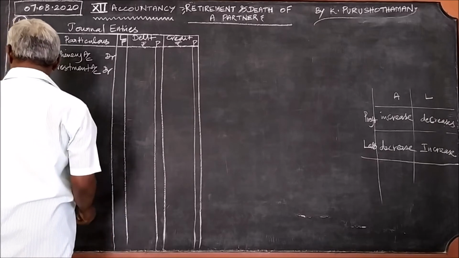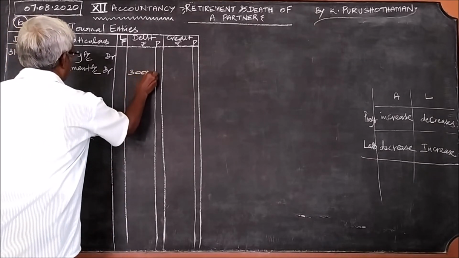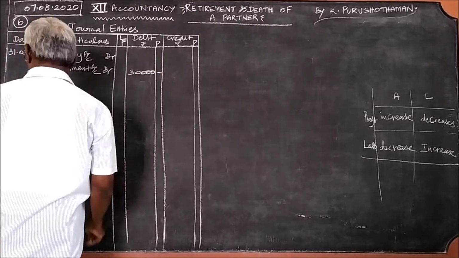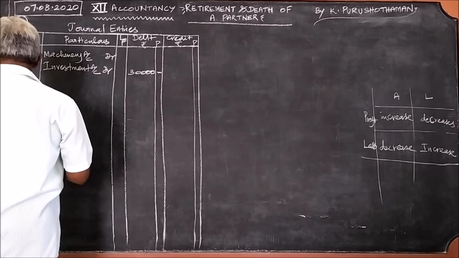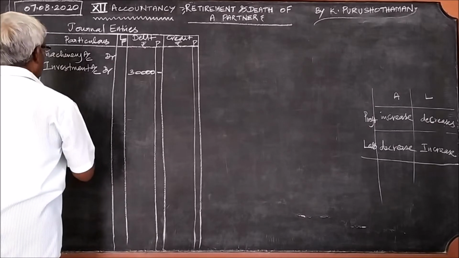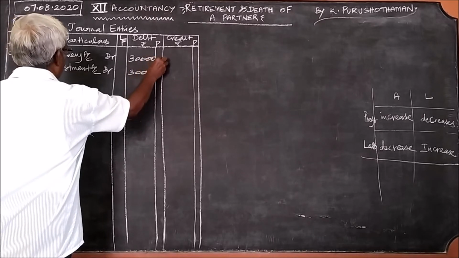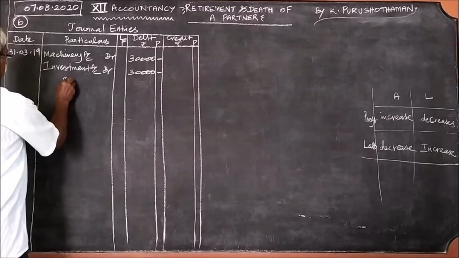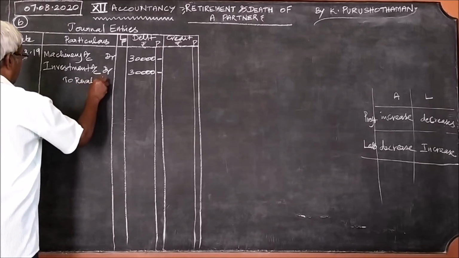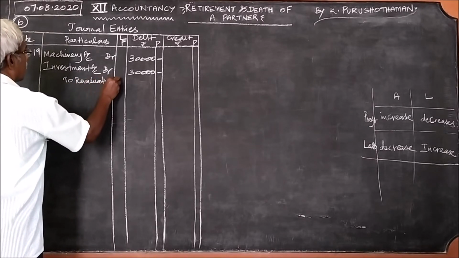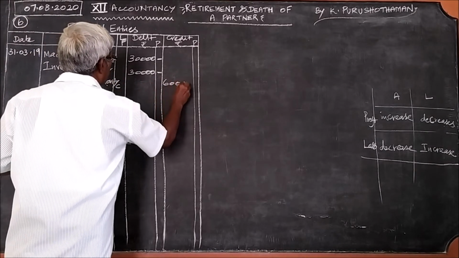This investment 30,000, here machinery, already it was 1,20,000, now it is valued as 1,50,000, the increase is 30,000. To revaluation account 60,000.